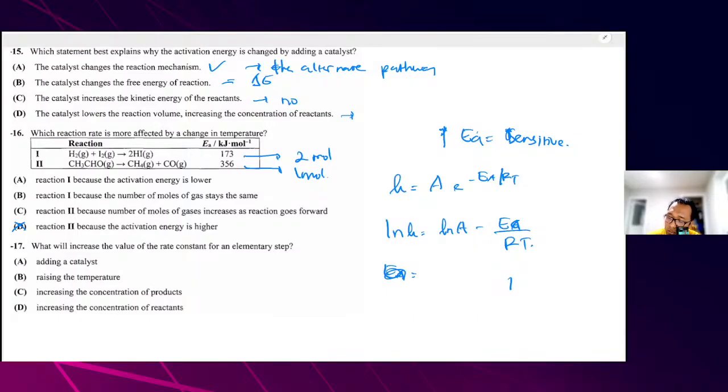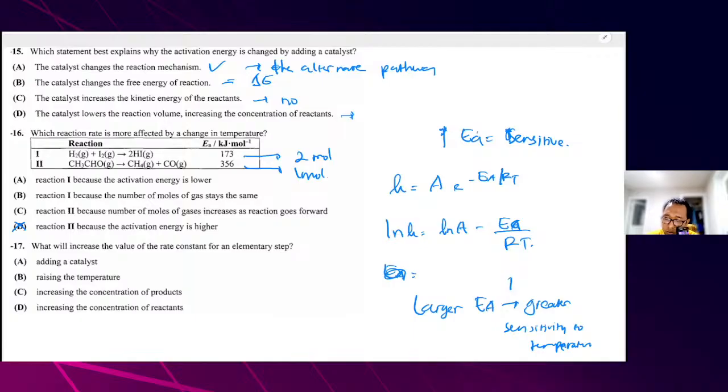So just remember, larger EA, it will be greater sensitivity to temperature.